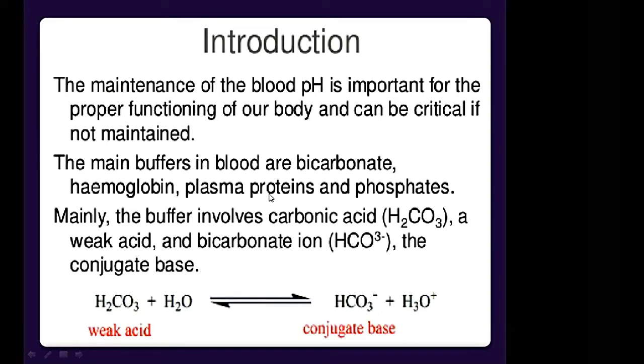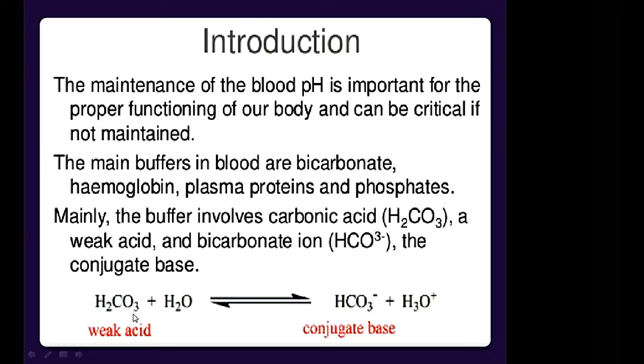Mainly the buffer involved is carbonic acid, H2CO3, a weak acid, and its corresponding salt is the bicarbonate ion, HCO3 minus. This is a conjugate base, and it acts as the main buffer system in the blood.